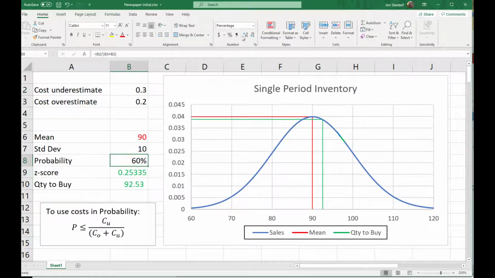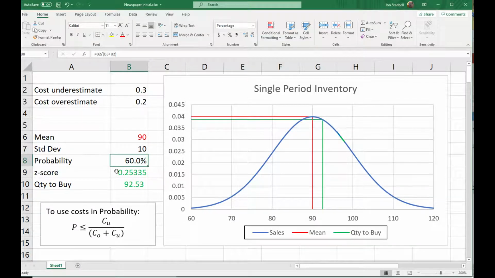And let me go ahead and add in a decimal place just to make sure we got it. So what we're saying here is if these are our costs, instead of 80% being the right probability, to maximize our profitability, in this case with these costs, we want to use a percentage of 60%.